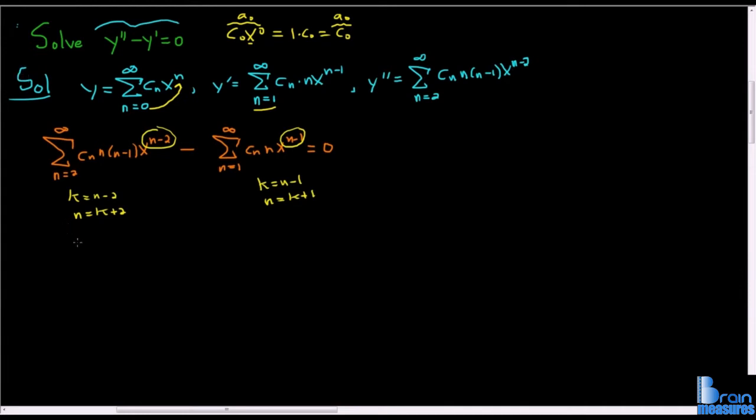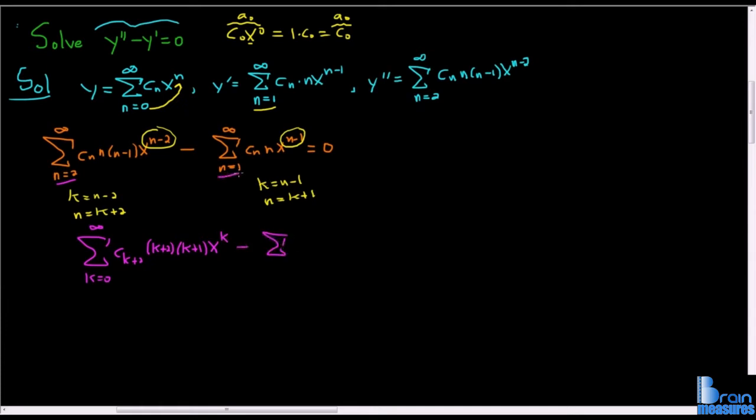All right, now we can combine everything, or rather, rewrite everything. Hopefully we can combine everything. So n is 2, so you get 2 minus 2, so k is 0. And we go to infinity, and we have c sub, well, n is k plus 2, so you get c sub k plus 2. And again, n is k plus 2, so you get k plus 2. n minus 1, that's k plus 1. And then you get x to the k, which was the whole point, minus the sum.